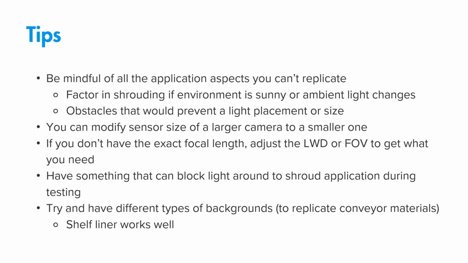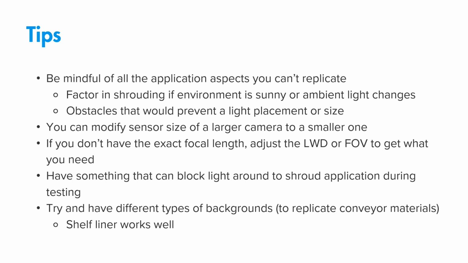And then this last tip circles back to the conveyor belt that I mentioned in a few slides: try and have different types of backgrounds. Here I say to replicate conveyor materials or whatever the sample could be sitting on. We like to have shelf liner, which I think works really well. We've got some dark, some light, different colors that we found. It's nice because it has the texture that a conveyor belt typically has, but the matteness to it as well.